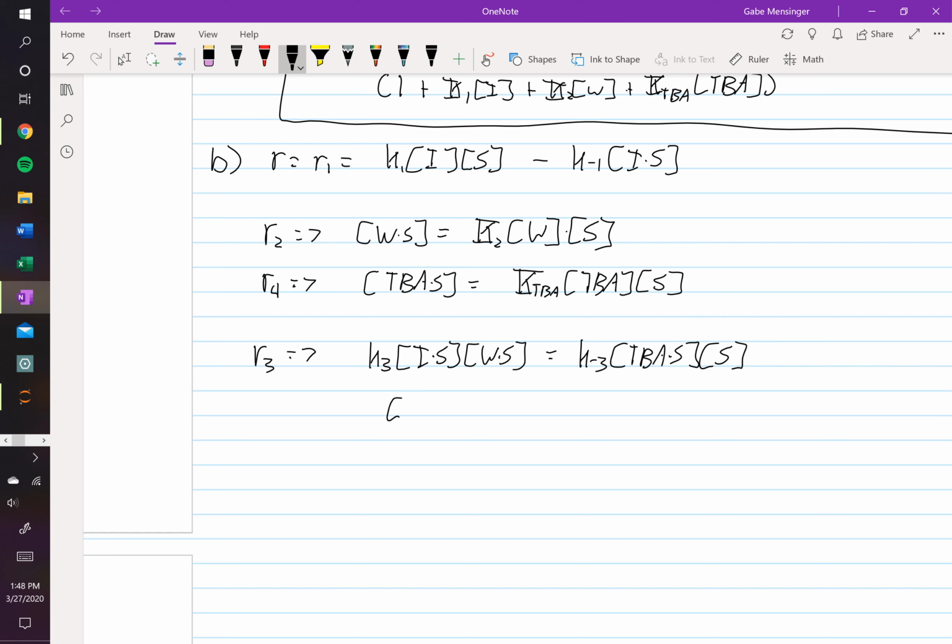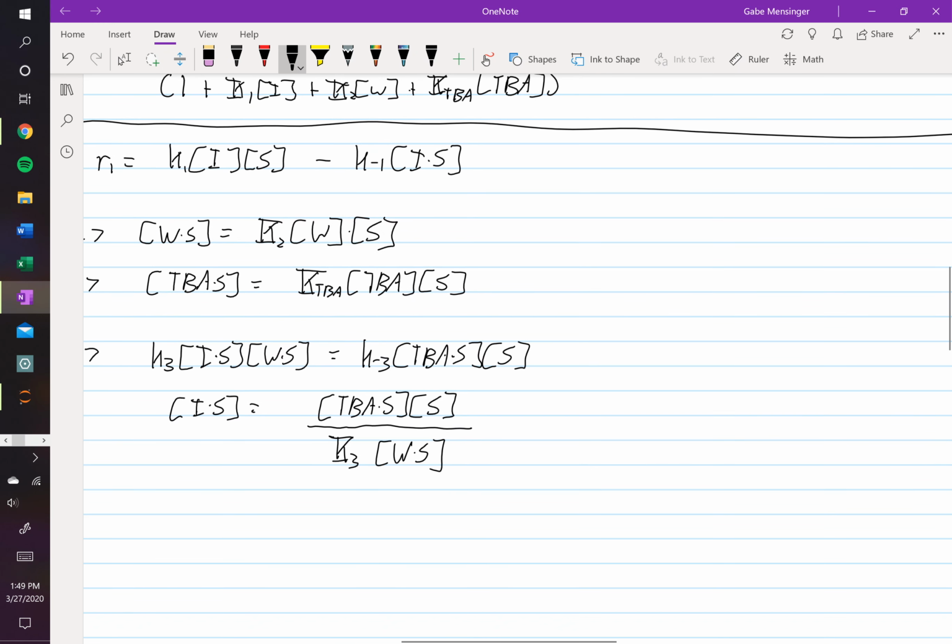All right, solving for I dot S, we are going to get I dot S is equal to TBA dot S times S over capital K3 times W dot S. And plugging in our expressions for TBA dot S and W dot S, we get that I dot S is equal to an expression squared over capital K3, capital K2.